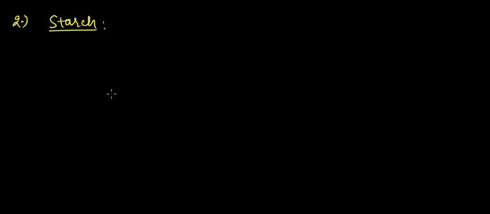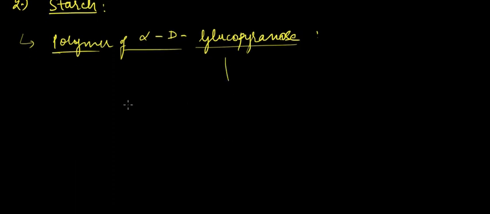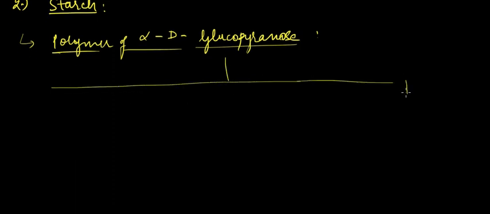Starch is a polymer of alpha D glucopyranose, and we have subdivided starch into two polysaccharides, amylose and amylopectin.